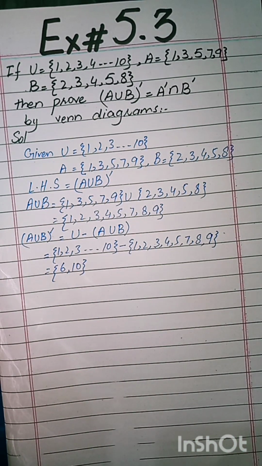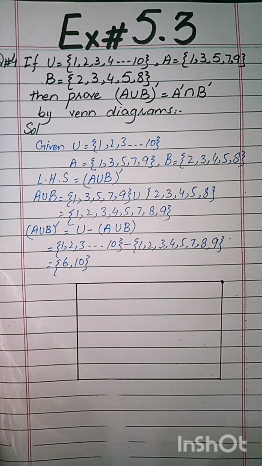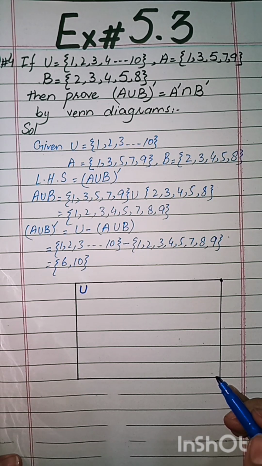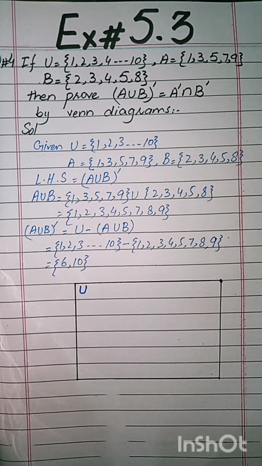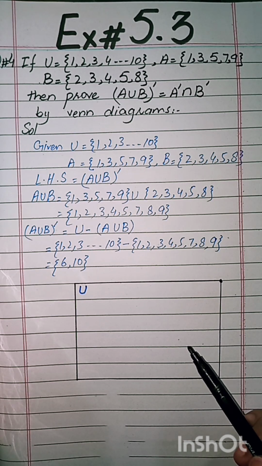So now we have to draw its Venn diagram. So first of all we have to draw our rectangle, which represents U, the universal set. Now we have to draw our two subsets, which are A and B. So when we have to draw our subset, first of all look at the elements of the subset.